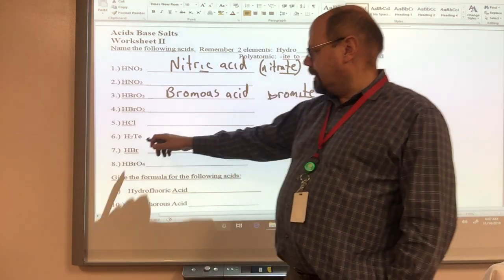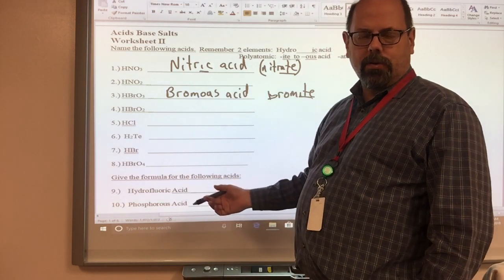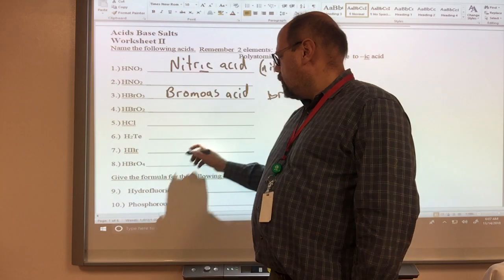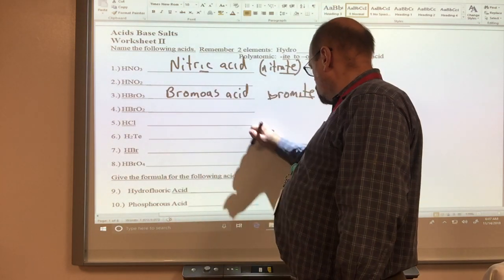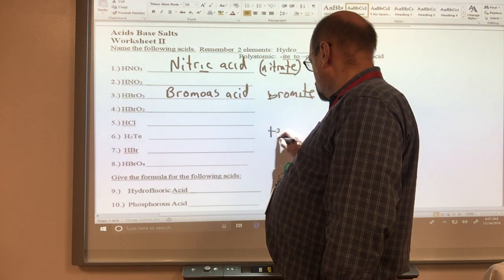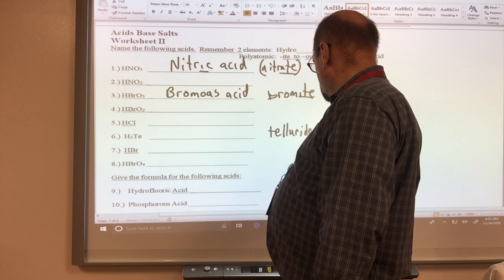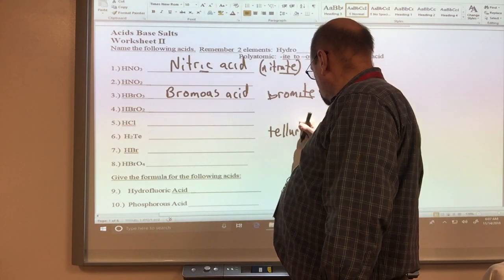Now, when you come back to these ones like this, number 6, that's two elements. Now you've got to go back to the naming for two elements. Hydrogen with another element instead of a polyatomic ion. Well, telluride is the name. Oopsie. Tellurium, sorry.